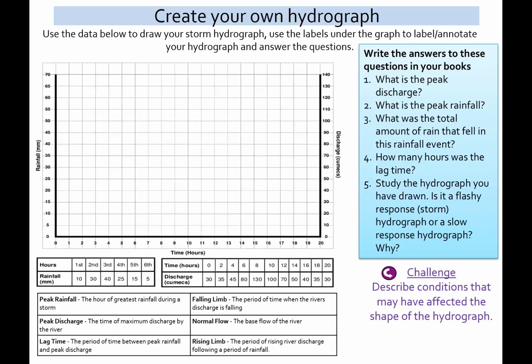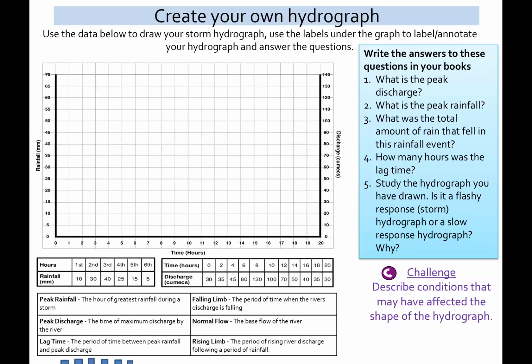So if you think it's a flashy hydrograph, one that's responded very quickly, well, why? Is it because of heavy rain or urbanisation or deforestation or something? But I do want you to explain your reasons for that. So that should take you quite a while. That's the main task. That's the only task really for today.